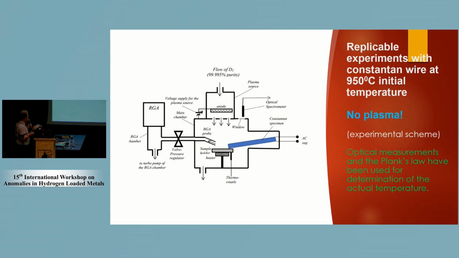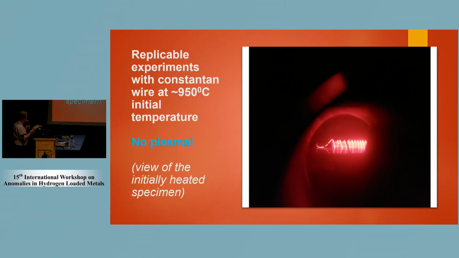Now, what happens in this case? It was the view of the specimen at this temperature. Again, there is no plasma, and the glow which is visible here comes from the heated specimen.